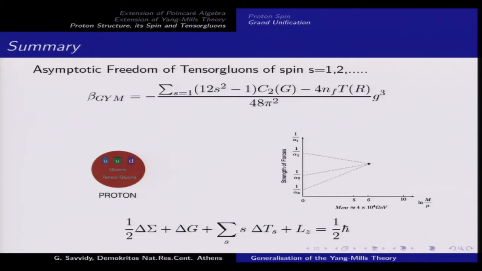There is a unification because of the acceleration of asymptotic freedom. The intersection is not exactly like this. They are not exactly cutting each other, but what I can claim is that it happens at a much lower scale than in standard cases, and then there is the contribution coming from tensor gluons in the polarized experiments.